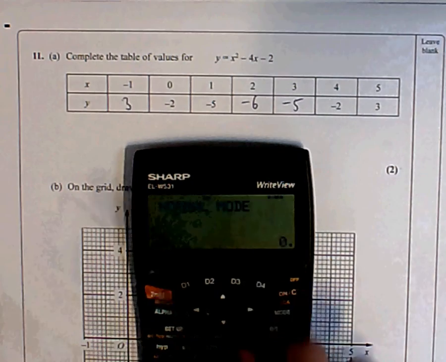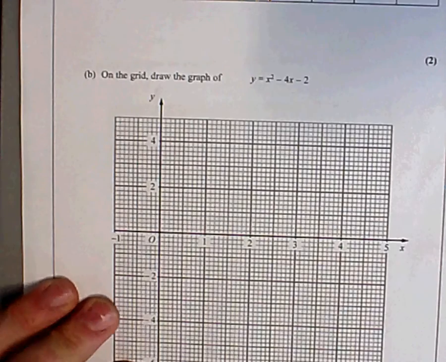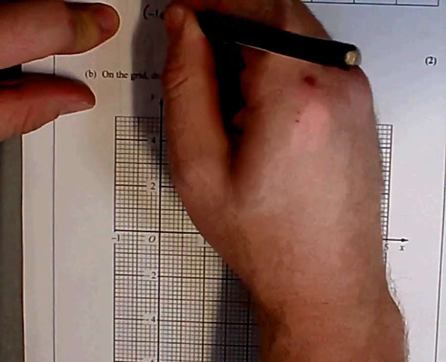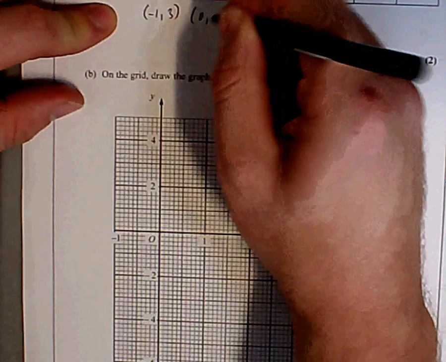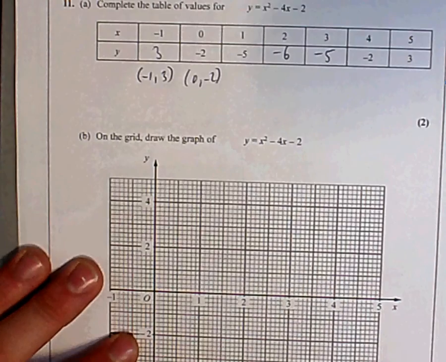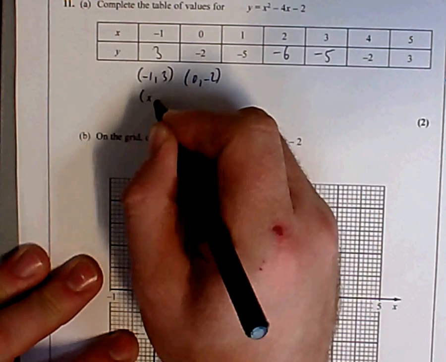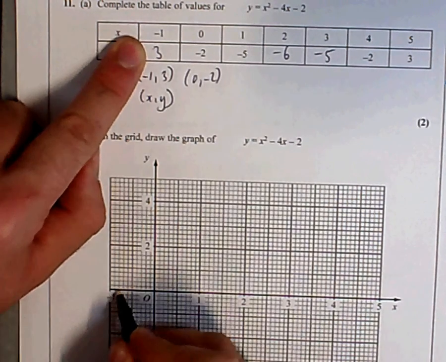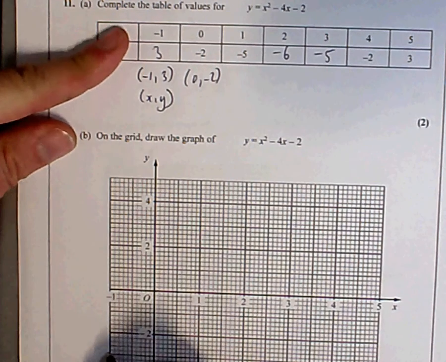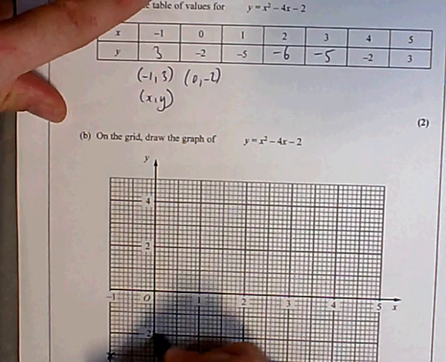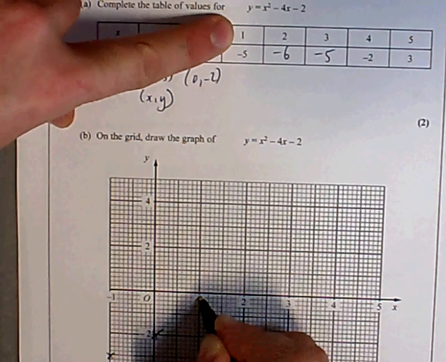Now what you do with that table is use it to plot your coordinates. So you just literally read them off. So this one is going to be -1, 3, 0, -2, and so on. Okay, because the values of the table, x and y, are the coordinates x and y. The first one, -1, 3, along the corridor, up or down the stairs. 0, -2. 1, -5.